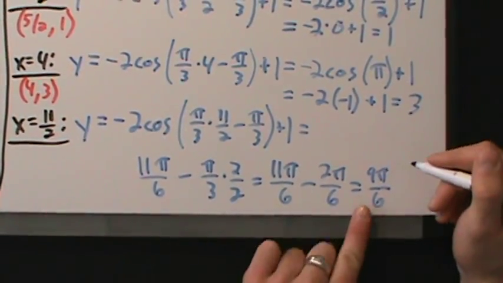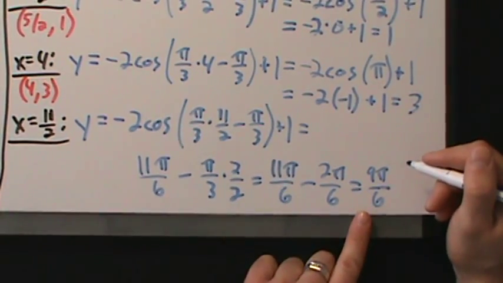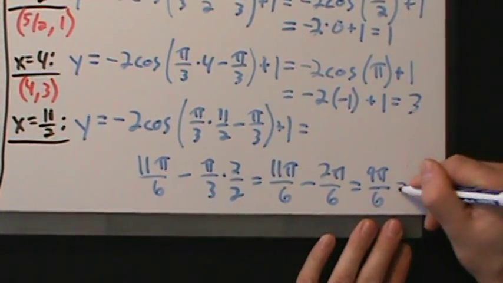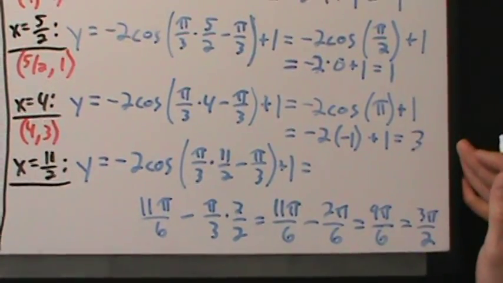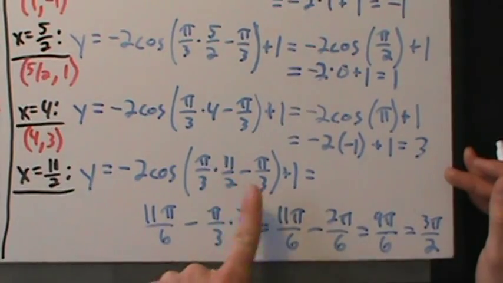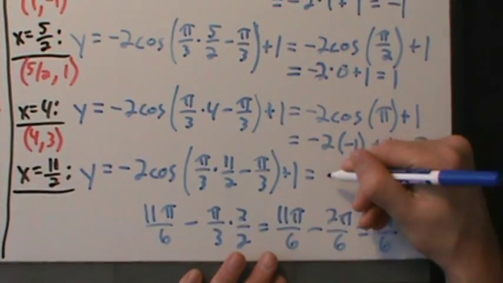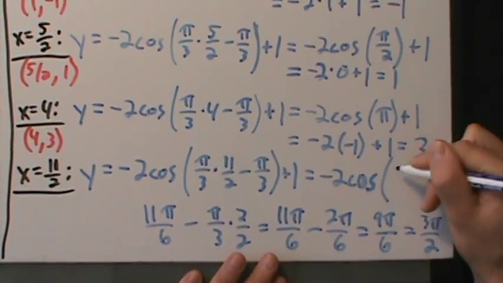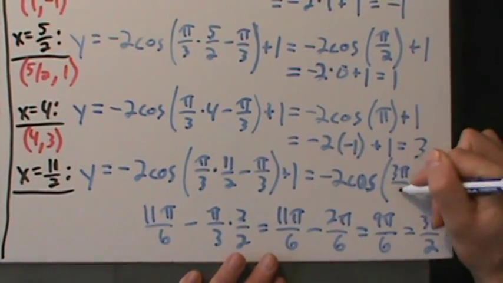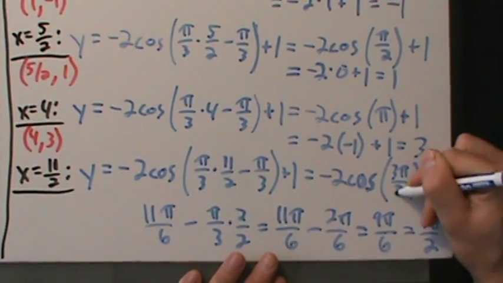So 9 is 3 times 3, 6 is 2 times 3, common factor of 3 can be canceled, and we end up with 3 pi over 2. Okay, so then this whole expression in here simplifies to 3 pi over 2, and we get negative 2 times the cosine of 3 pi over 2, and then we have a plus 1.